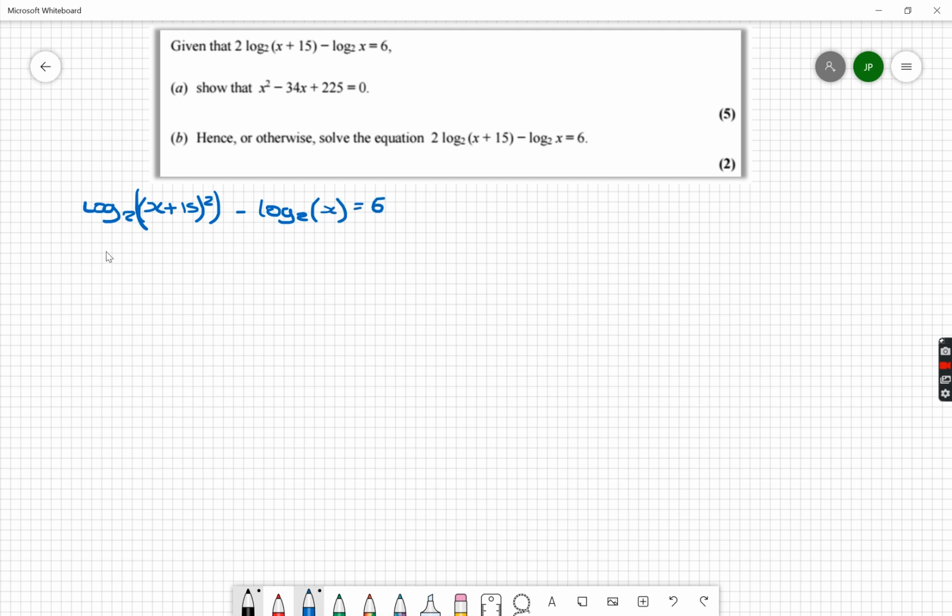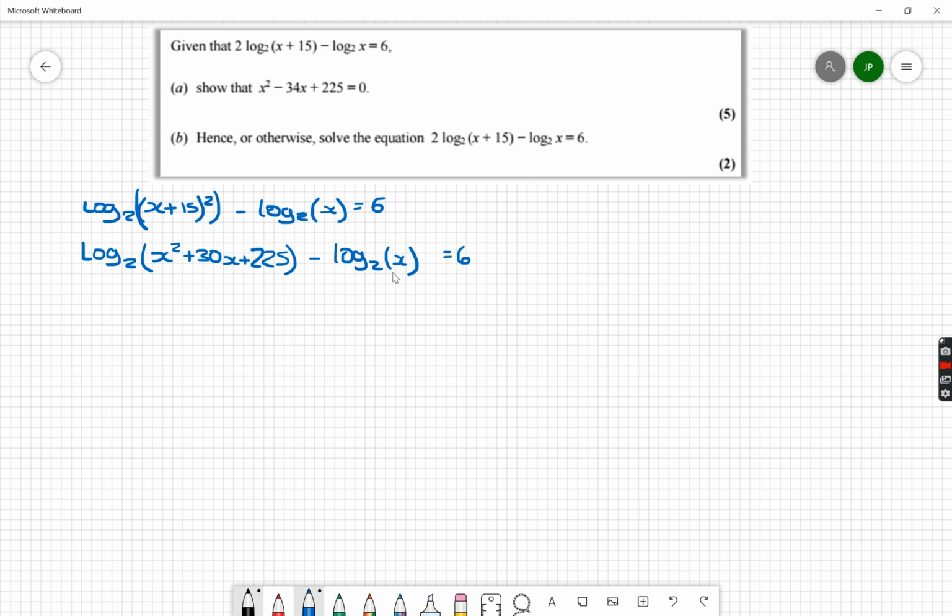I can expand that bracket out. Log base 2 of x squared plus 30x plus 225 minus log base 2 of x equals 6.